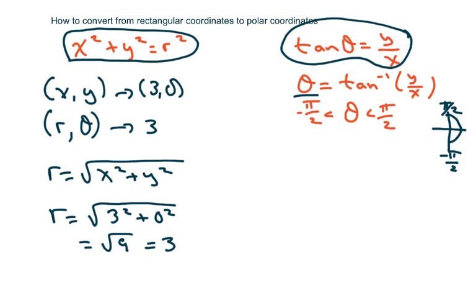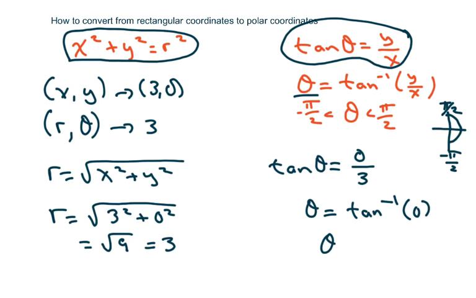You have to be careful with that. So in this case we have tan of theta equals y, which is 0, over 3. So theta equals inverse tan of 0, which is 0. Where tan is 0 is at 0. So these end up being the same answer.